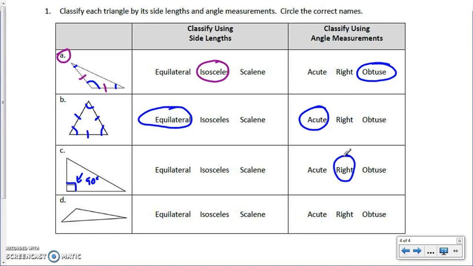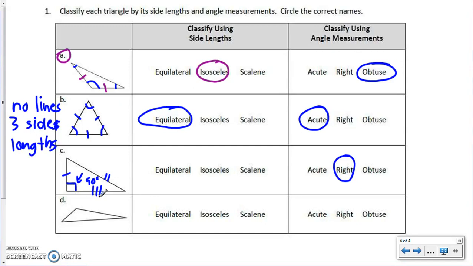If there's no lines and you're not actually measuring it, there's 3 different side lengths. So we have 1, 2, 3. And if we actually put our ruler on this, we would find that there are 3 different side lengths.